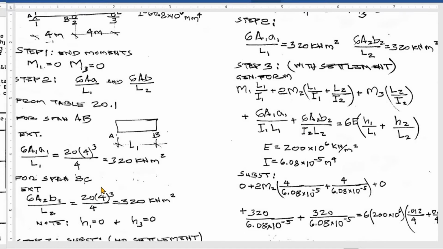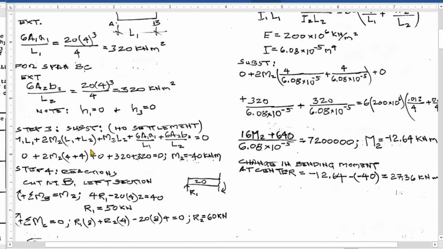So, balik tayo dito sa first approach. Okay? So, step 3. M1, L1 is equal to 0. Take note, M1 is yung nasa node A. Yung M2 that is unknown. M3 is also 0. Tapos yung 6A all over L, that is 320 and 320. You equate that 0 and your M2 is negative 40.